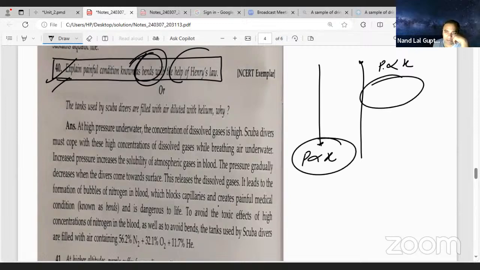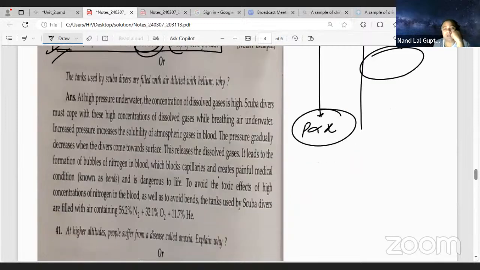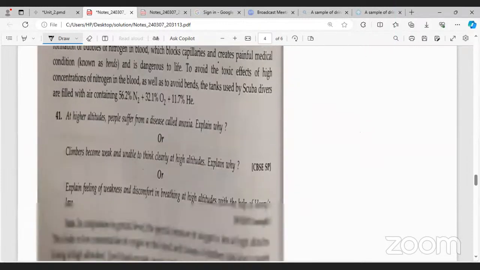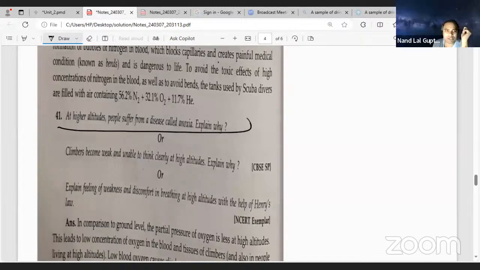When you go deep in the sea, more nitrogen dissolves, and coming up it forms bubbles that block the capillaries. Once the capillary is blocked, no blood flow will be there, and this medical condition is known as bends. What about at high altitude? People suffer from the disease called anoxia.